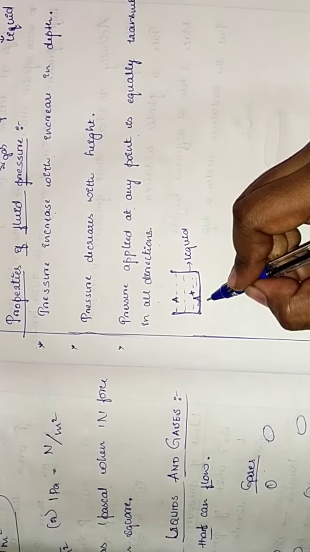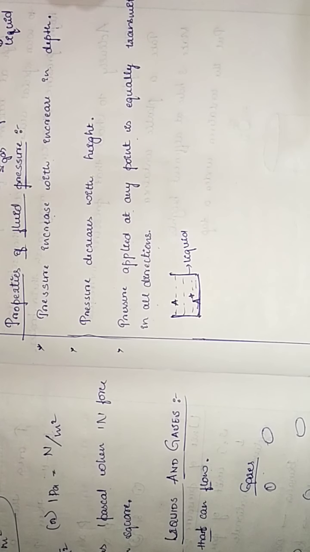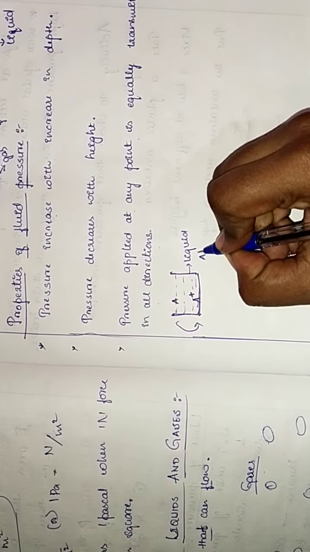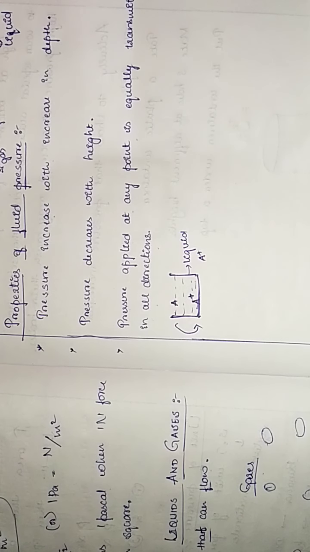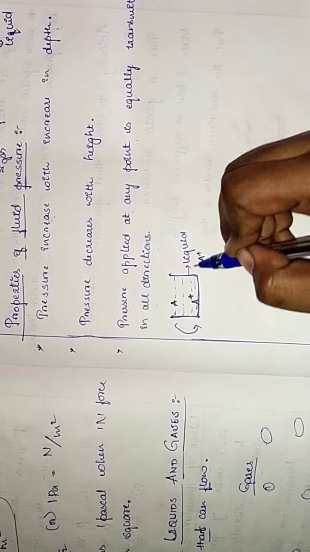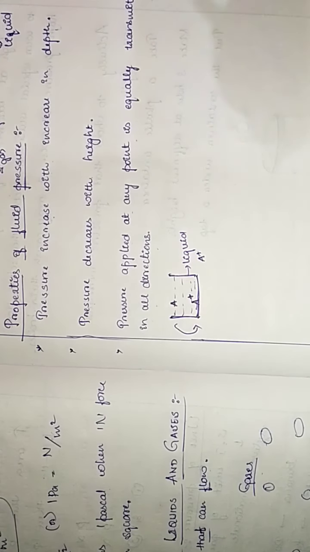Where will the pressure be high? Obviously at the depth. So A plus will contain more pressure. Since the pressure comes from above, the part below, the depth part, will have high pressure. Pressure increases with increase in depth.